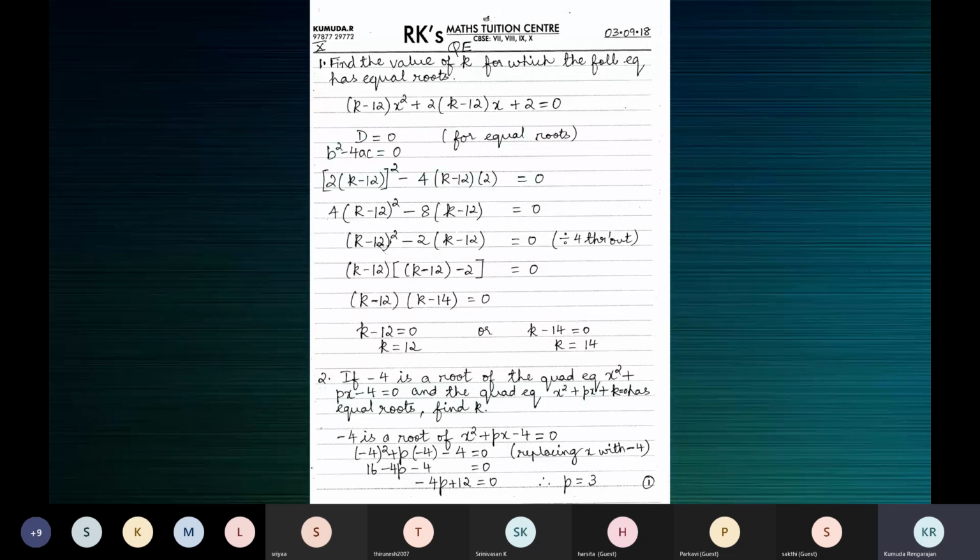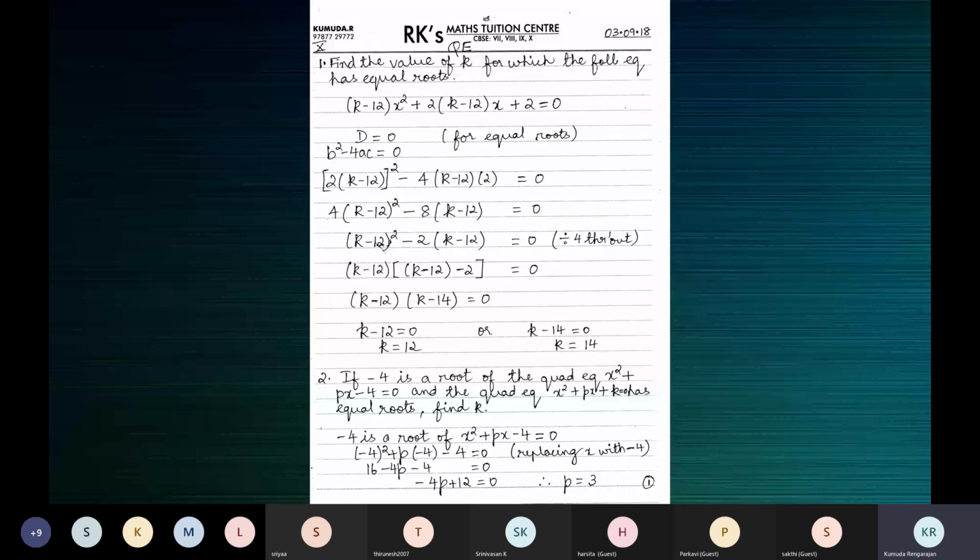So you can take p as 3 because we found p is 3. So x squared plus 3x plus k is equal to 0 is the second equation.